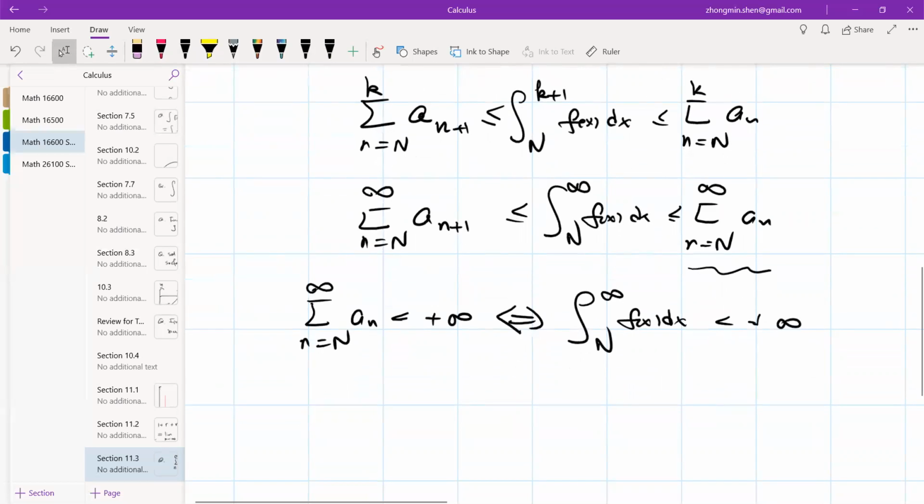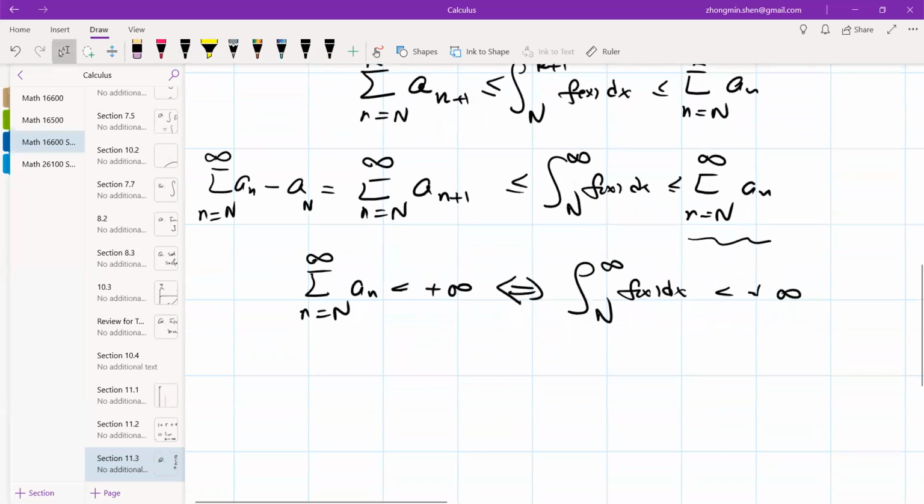So this is nothing but sigma n from capital N, and I think you have to subtract the first term, so it's from capital N plus 1. So you can also get another estimate.